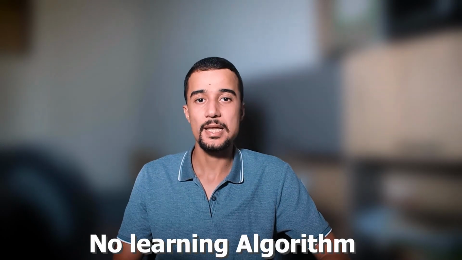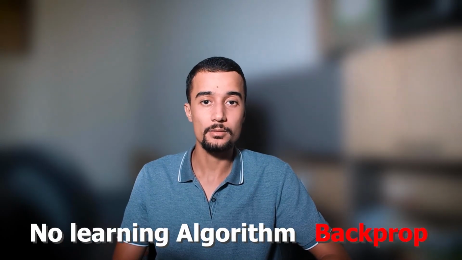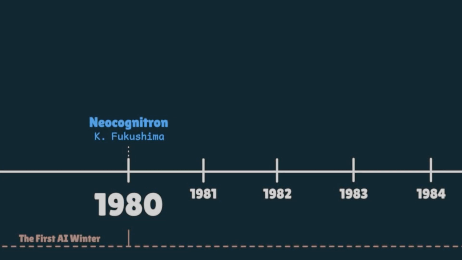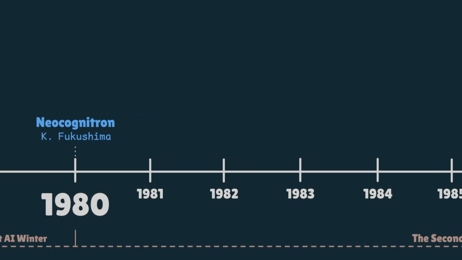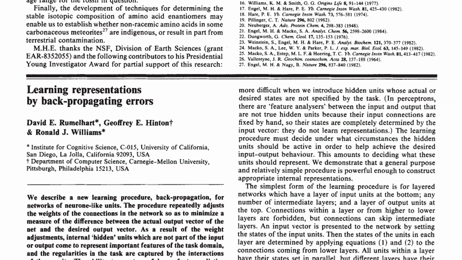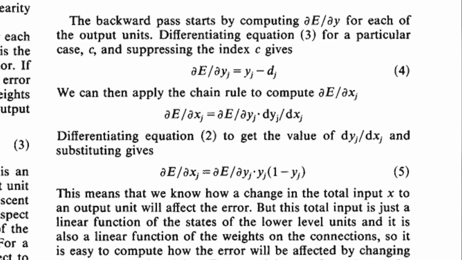However, this architecture had its limitations, obviously. One significant drawback was its lack of a learning algorithm like backpropagation. At that time, backpropagation hadn't been widely applied in neural networks. It wasn't until the mid-80s, exactly 86, when Rumelhart, Hinton and Williams popularized it, that neural networks became more efficient in learning.